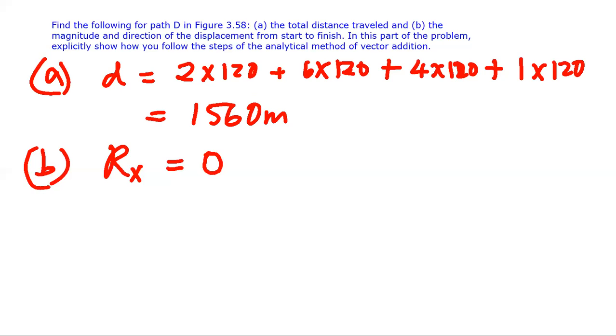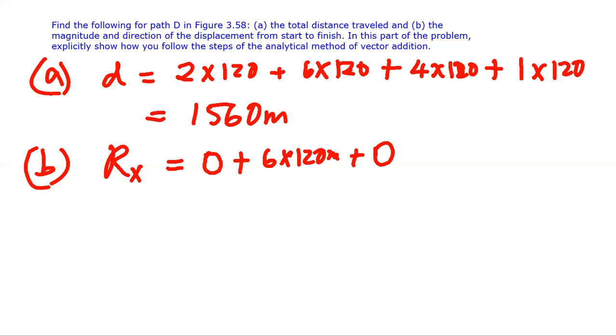Then next, you go how many blocks in the X direction? 6 blocks. So plus 6 times 120, and you go in the positive X direction, so that's why we have this plus. Next, you go 4 blocks in which direction? That's Y, so no X displacement.